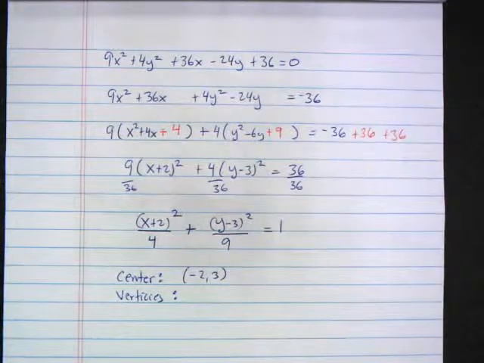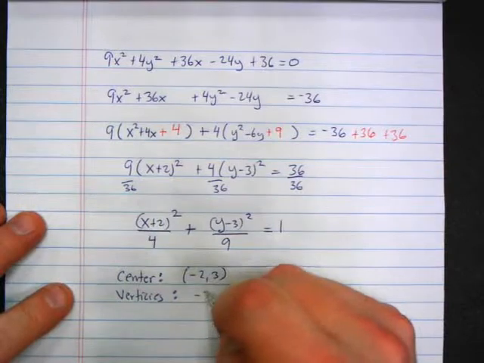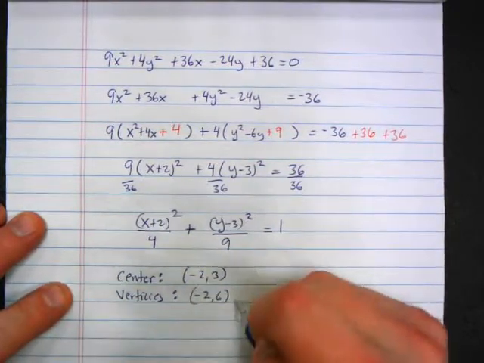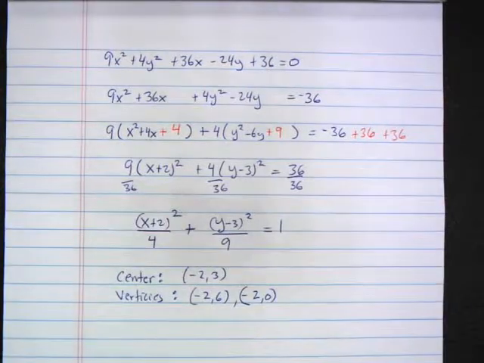How about the vertices? Negative 2, 6 and negative 2, 0. Excellent. How did you get negative 2, 6 and negative 2, 0? The bigger number is going to be the a squared on the bottom, so that's the 9, and then the a would be 3, and then you just add and subtract.